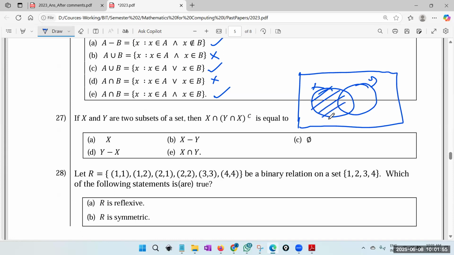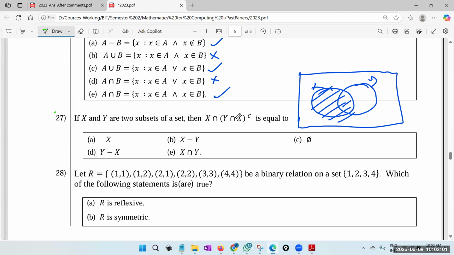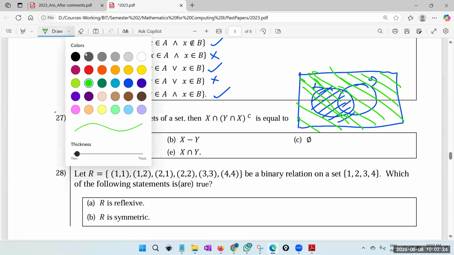Belong to X and not belong to X intersection Y. So that is everything other than intersection. Then we need intersection. So the intersection is this area, right?